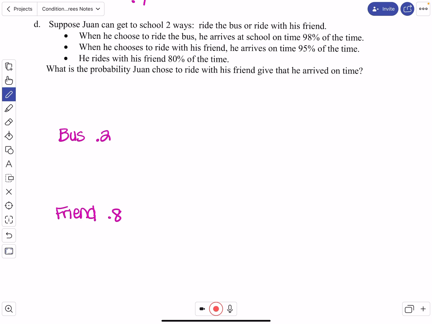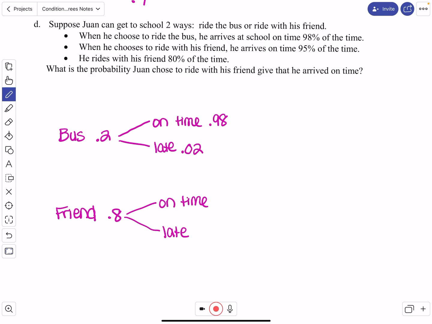Now, once he does this, he is either on time or he's late for both. So he's on time or he's late. Okay, so when he chooses to ride the bus, he arrives on time 98% of the time, which means he would be late 2% of the time.